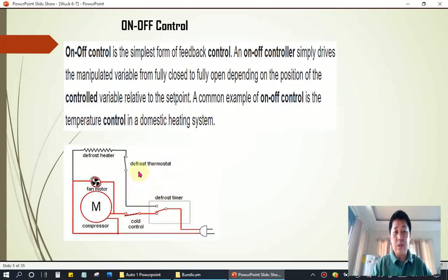And when it arrives at the set point, let's say for the freezer it is minus 18 degrees Celsius, it automatically opens the contact circuit. The work of these contacts is only to switch on and off. That is an example of an on-off control system.